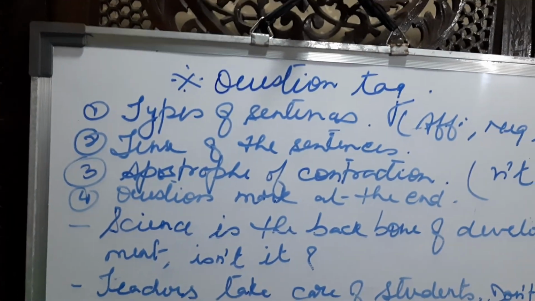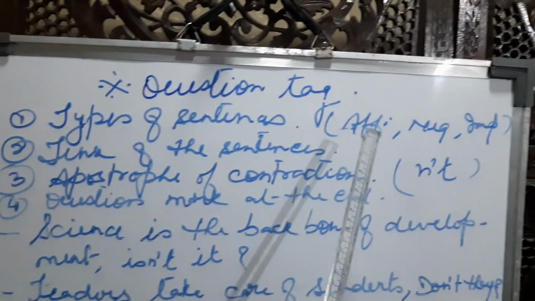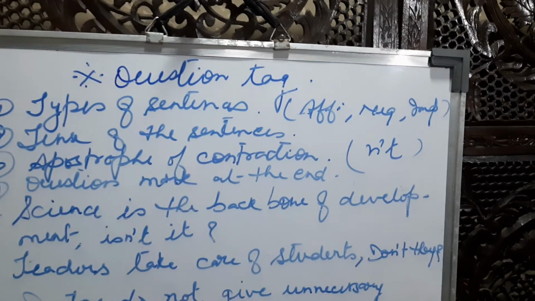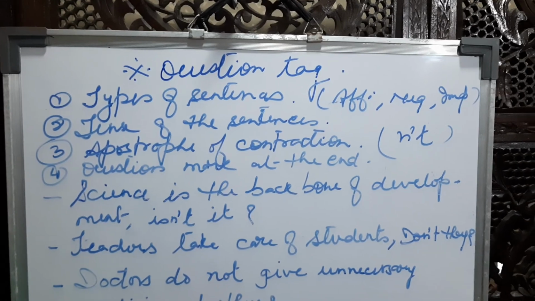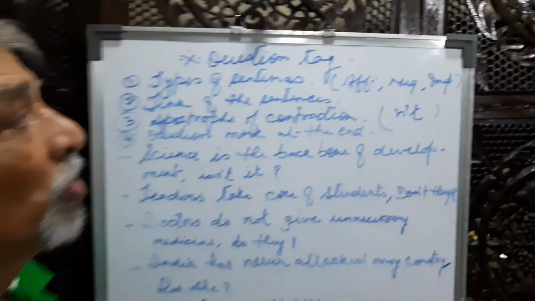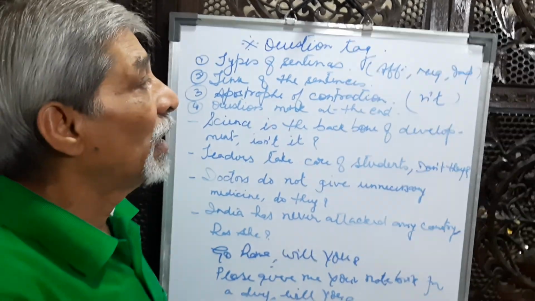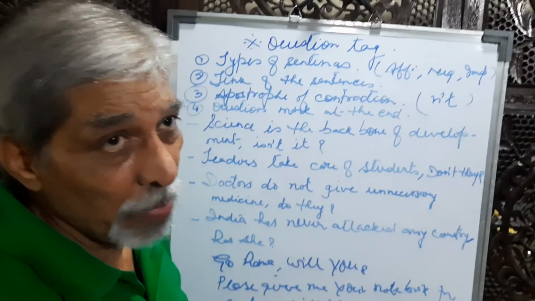First one is the type of sentence, namely affirmative sentence, negative sentence, and imperative mood sentence. When we want to make a question tag, first we have to recognize whether the given sentence is affirmative, negative, or imperative mood.